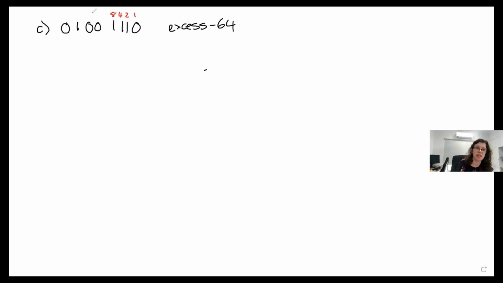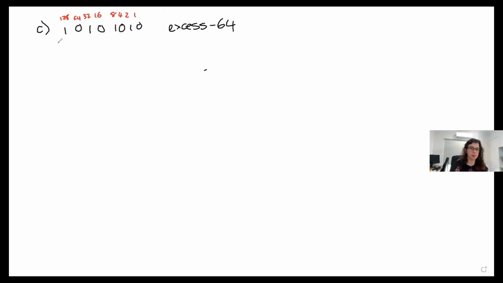So 1, 2, 4, 8, 16, 32, 64, 128. Have a look at which ones are switched on. Oh, hang on, I wrote down the same number, didn't I? Yeah, I've written down the wrong number. Must have been looking at an earlier exercise. So this should have been 1, 0, 1, 0, 1, 0, 1, 0.